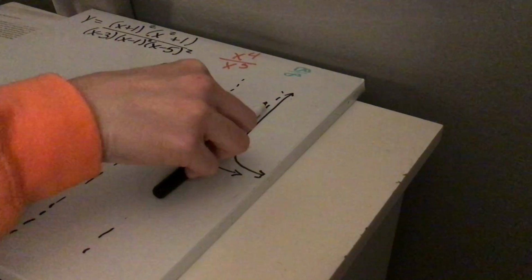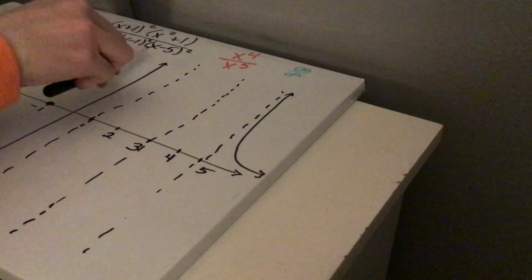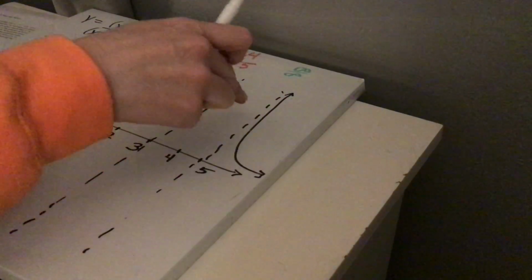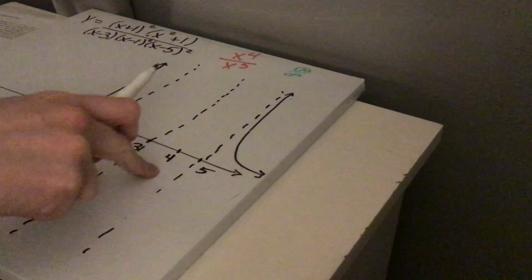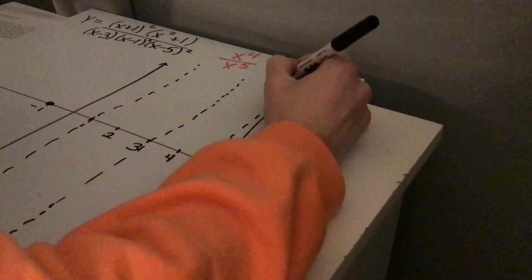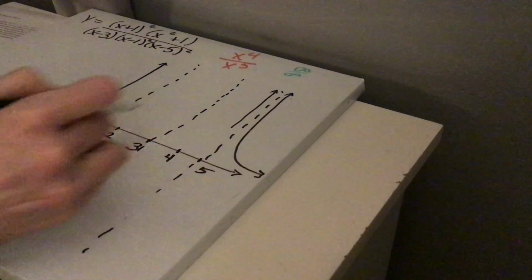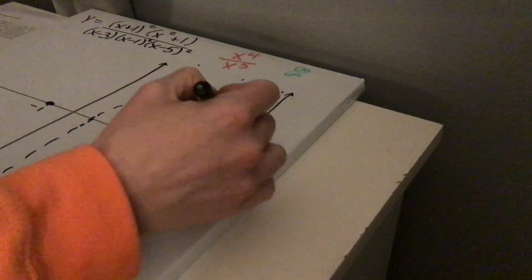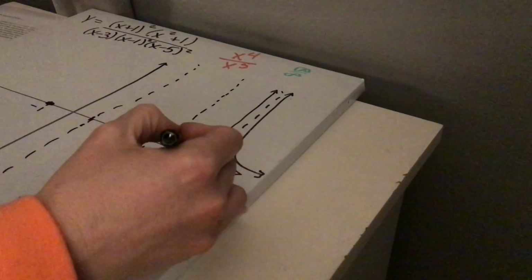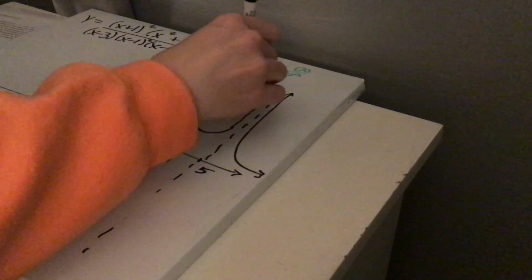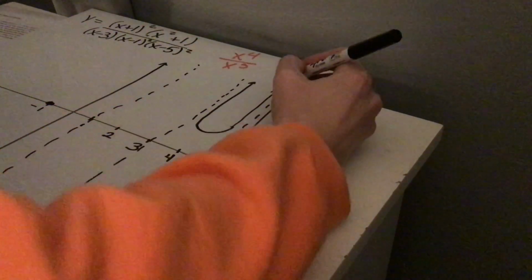You know because 5 is a repeated root in the denominator that it's going to cross over the asymptote but not the x-axis. So it's going to happen coming this way. Then you don't have a 0, so you know at some point it can't touch the axis. It has to turn around and go back the way it came, okay?